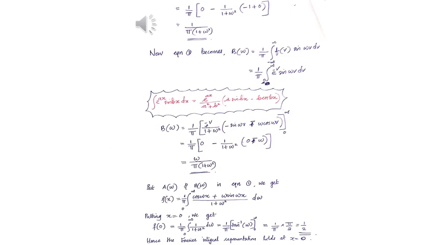So f of 0 is equal to 1 by pi integral 0 to infinity 1 by 1 plus omega square d omega, which is 1 by pi, and the integral of 1 by 1 plus omega square is tan inverse omega, with limits 0 to infinity. So you will get the final answer as 1 by 2. Hence we have verified the representation at x equals 0.